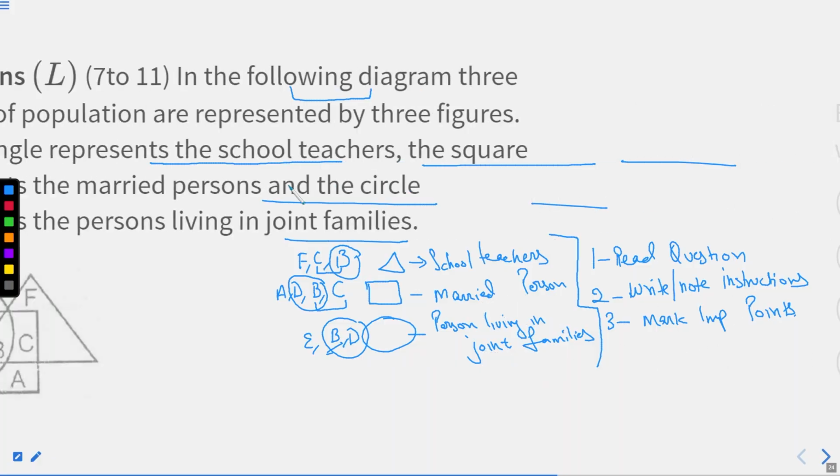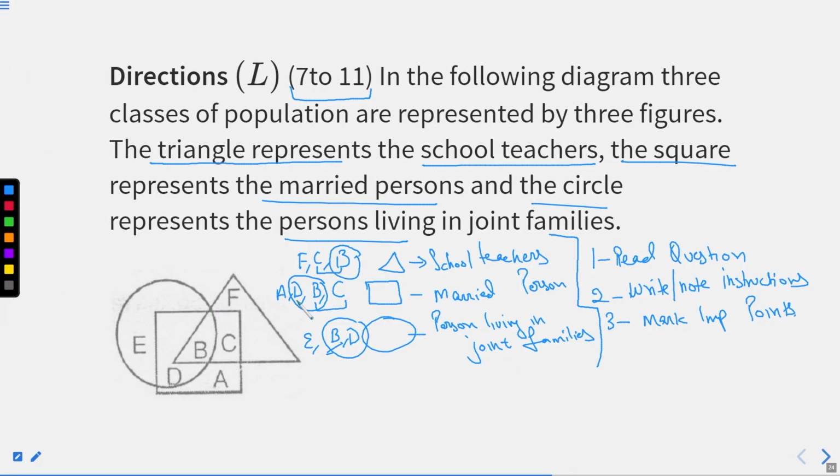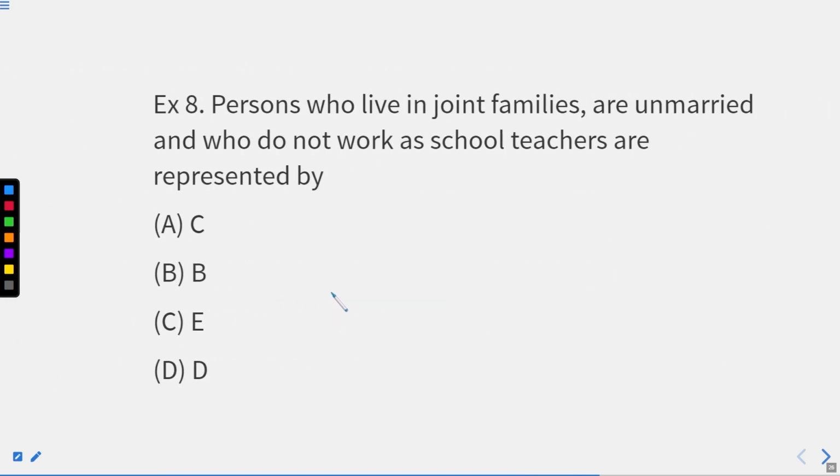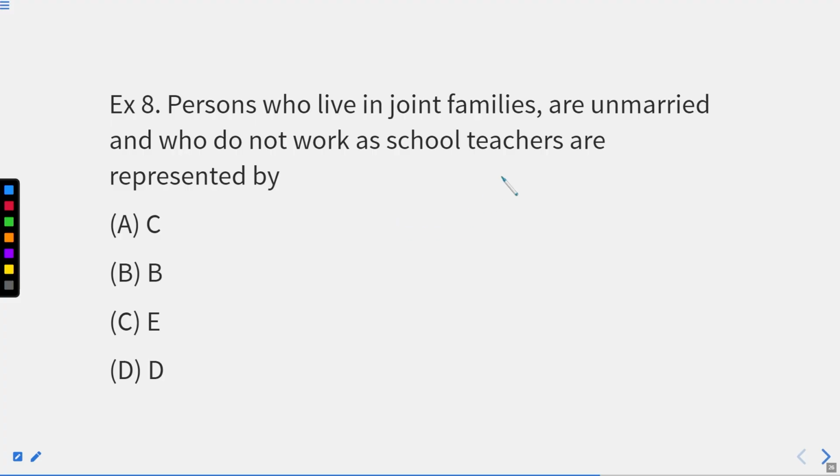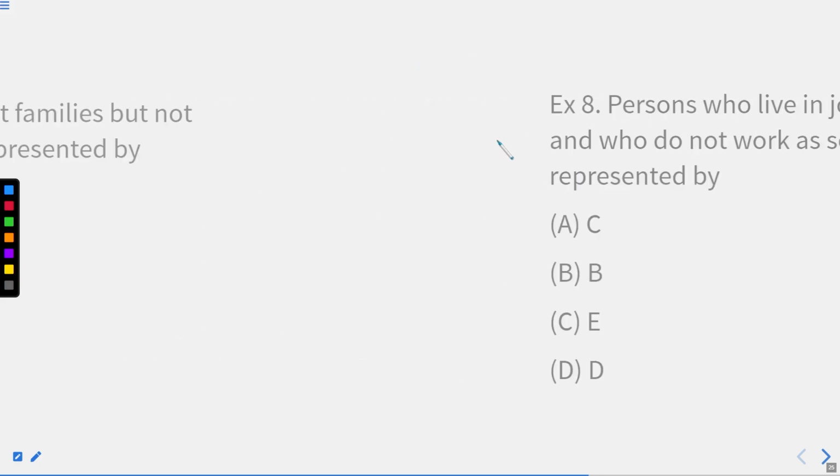First of all, they are unmarried, so those who are married are B and D, so we'll remove B and D. And do not work as a school teacher.